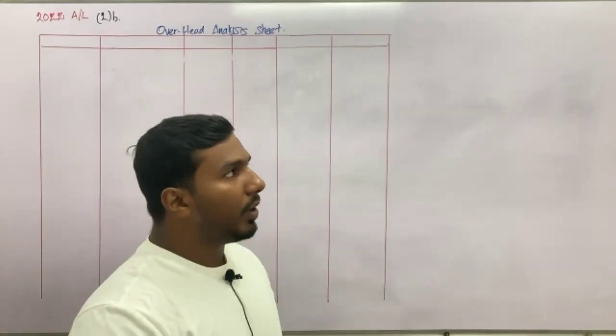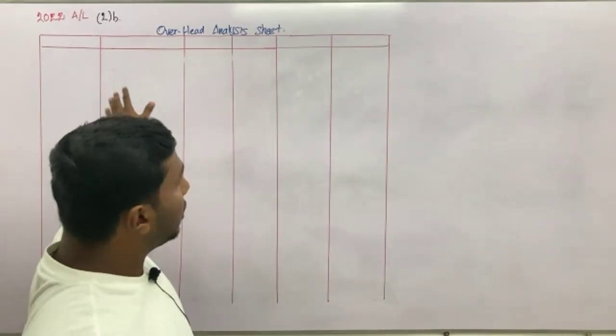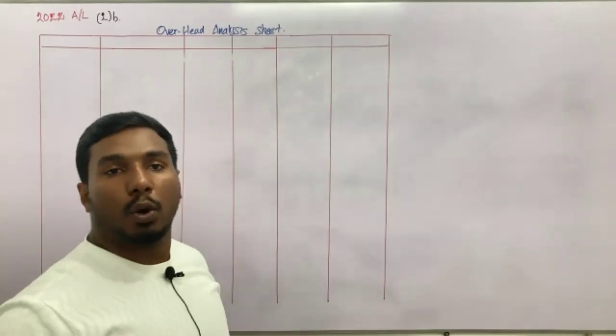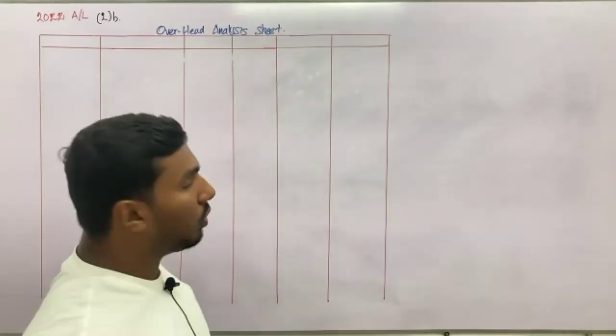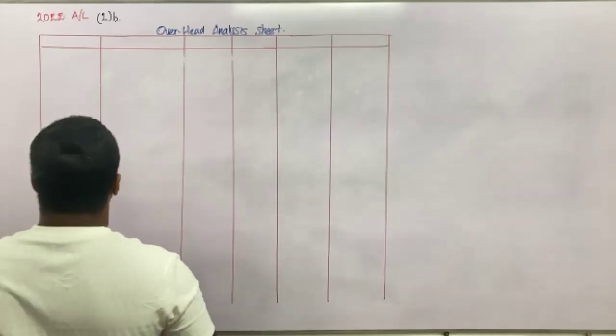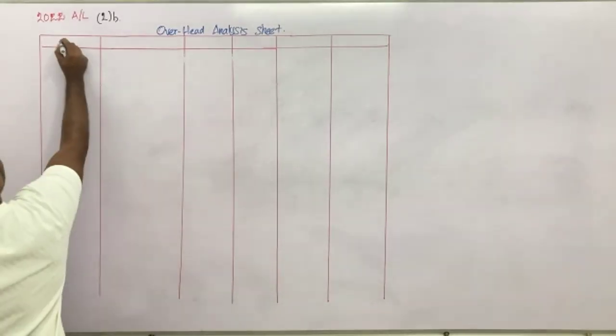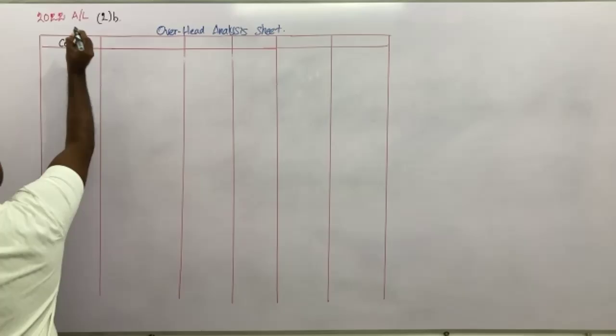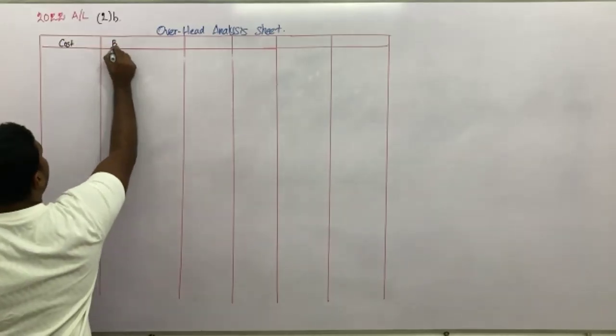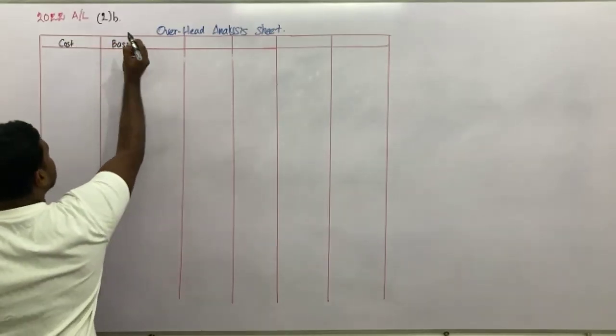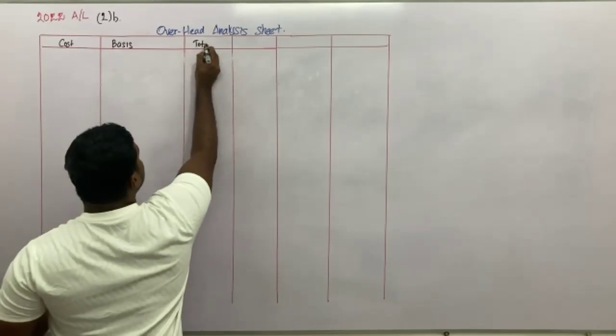First, what we have to do is distribute the overheads primarily. We have to do the primary distribution, so we'll do that first. Cost, basis, total.